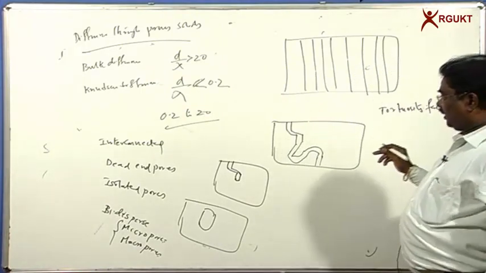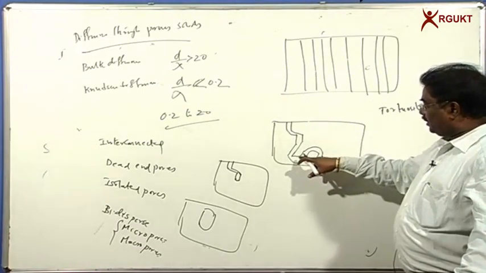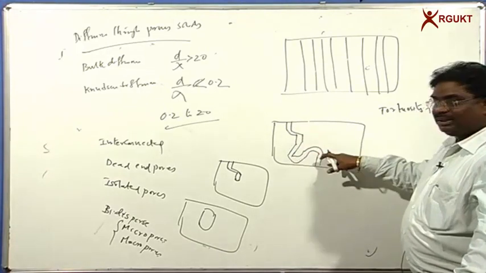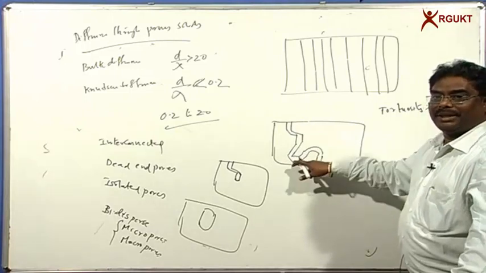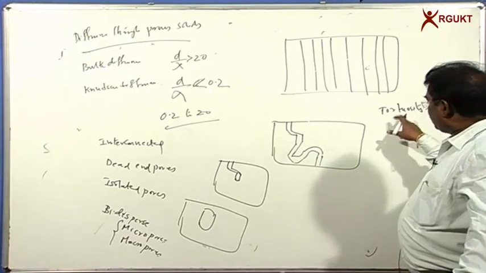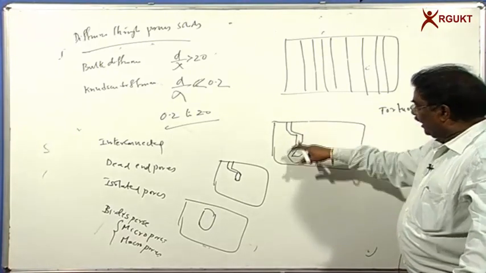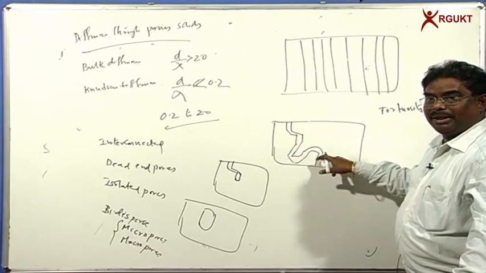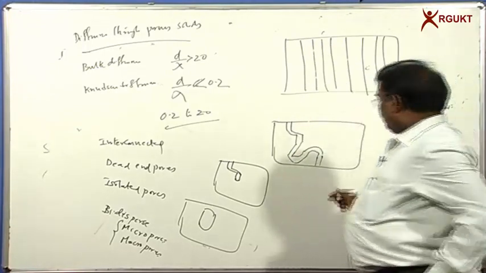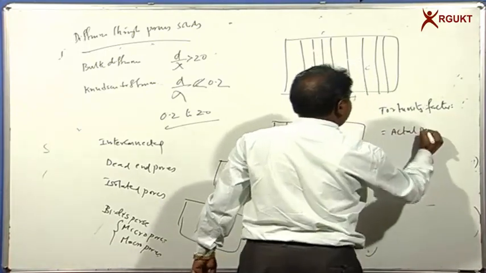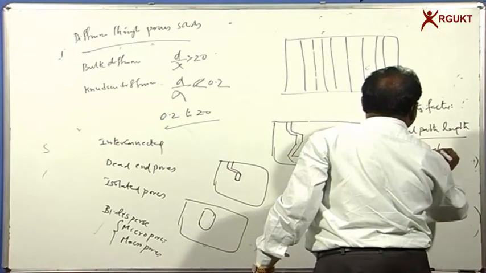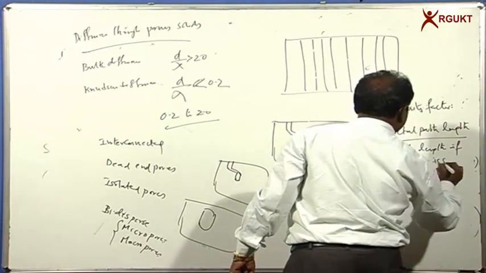And this tortuosity is, if you see this type of pore, the diffusion path length is very large compared to the actual path length. And we are going to define a parameter called the tortuosity, and this tortuosity is defined as the actual path length divided by the path length if the pore is a straight pore.